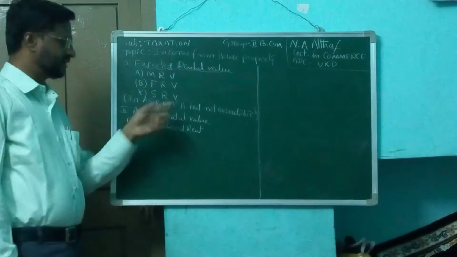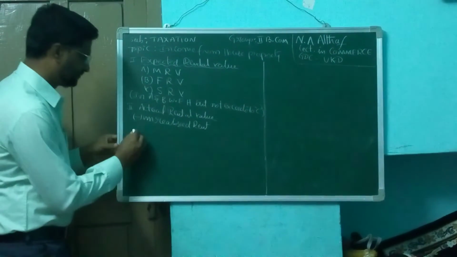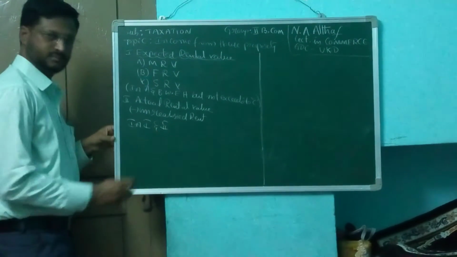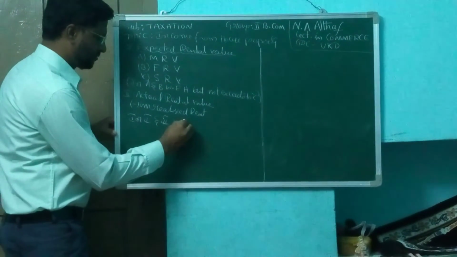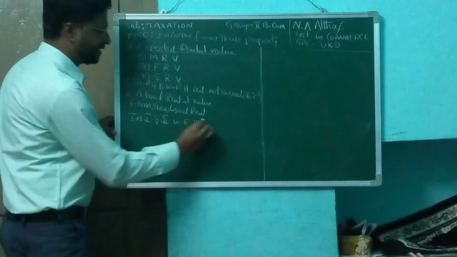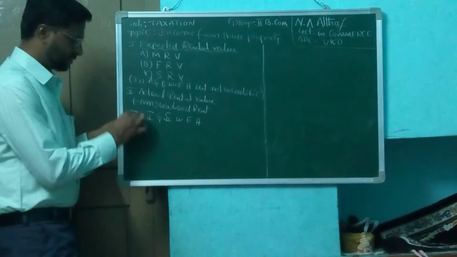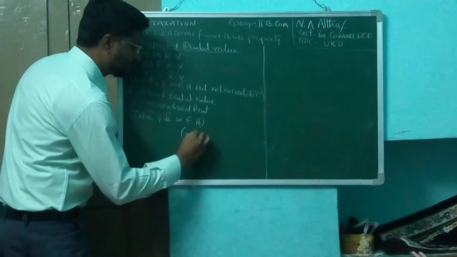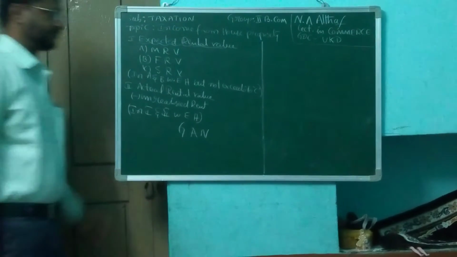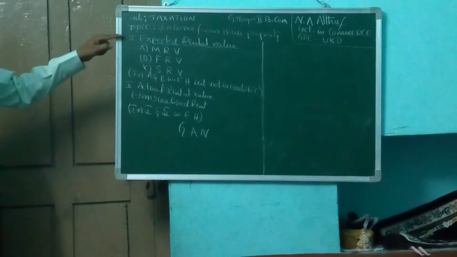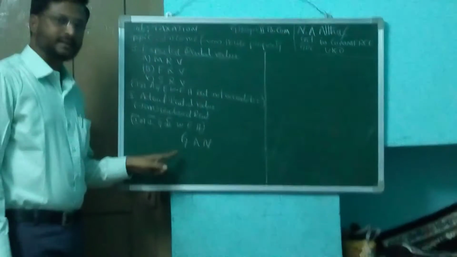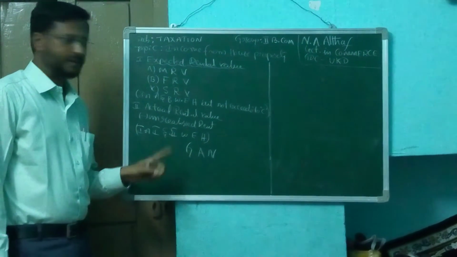Between 1 and 2, whichever is highest will become the gross annual value.